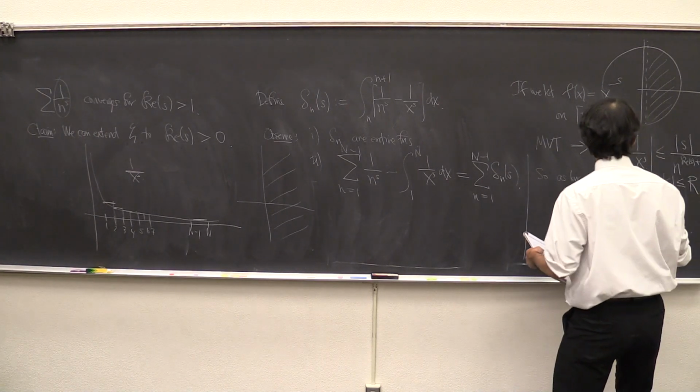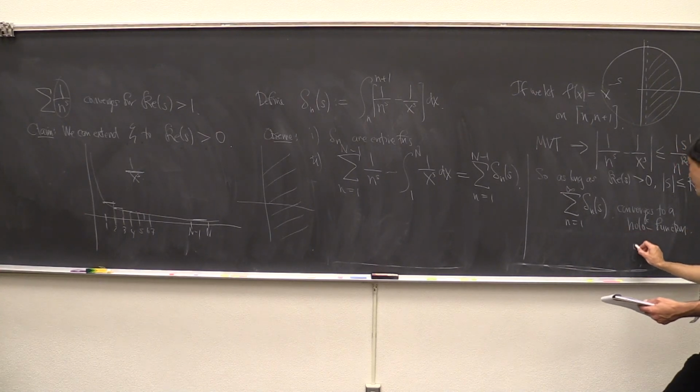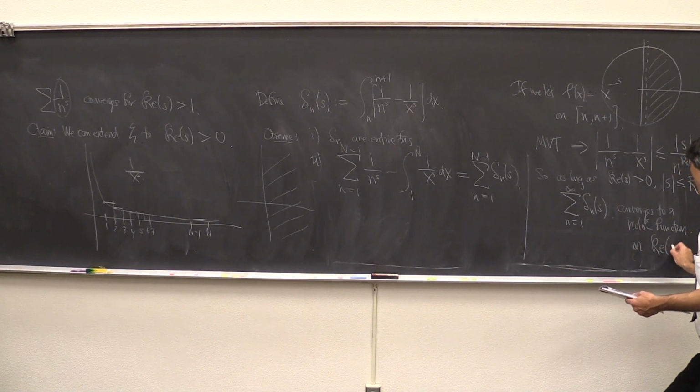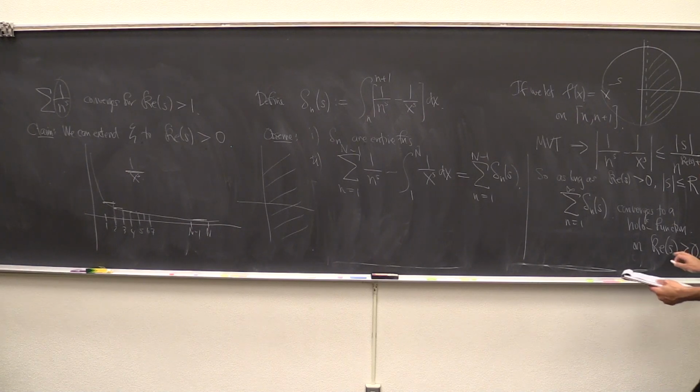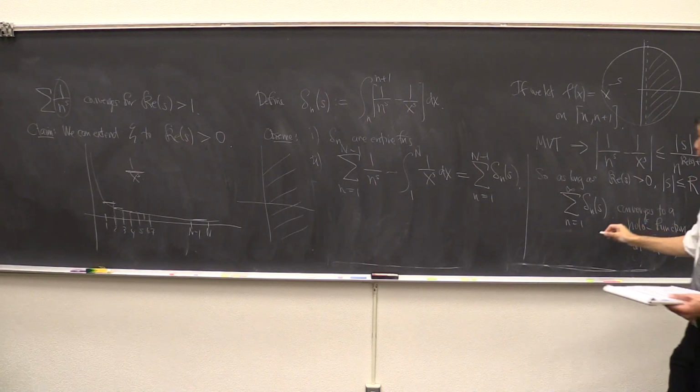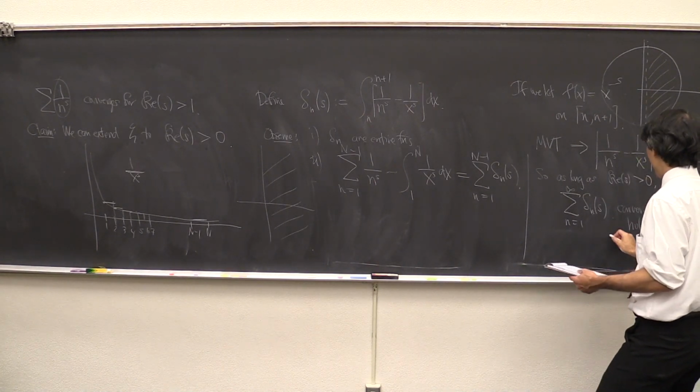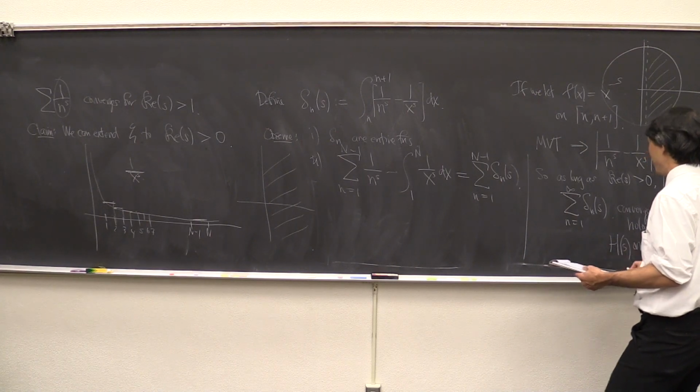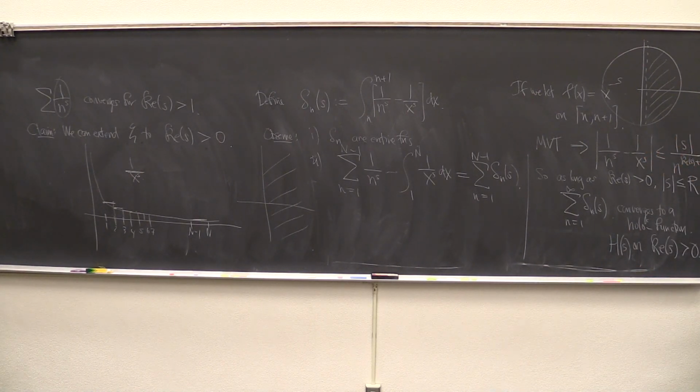So it converges to a holomorphic function on the right half plane where the real part is bigger than 0, which we'll call h sub s.